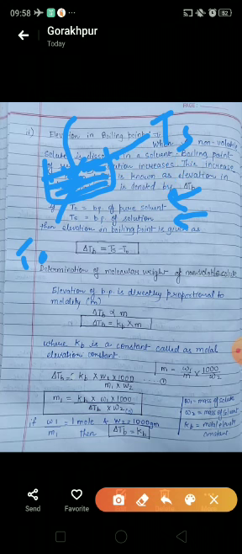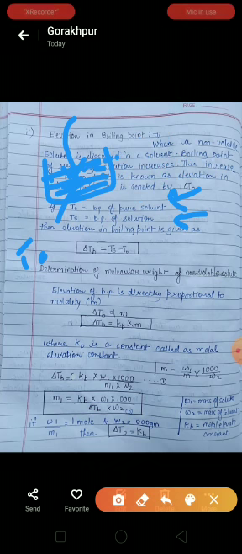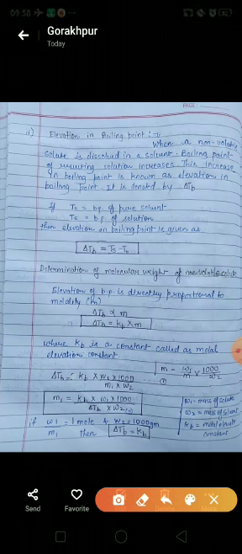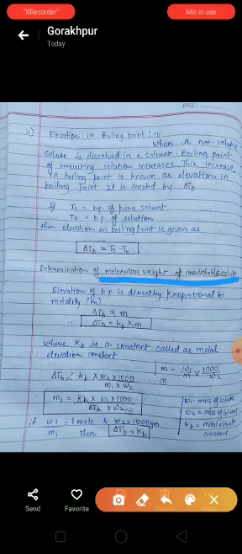Now, as we have discussed for relative lowering of vapor pressure, similarly here we can calculate the molecular weight of non-volatile solute.